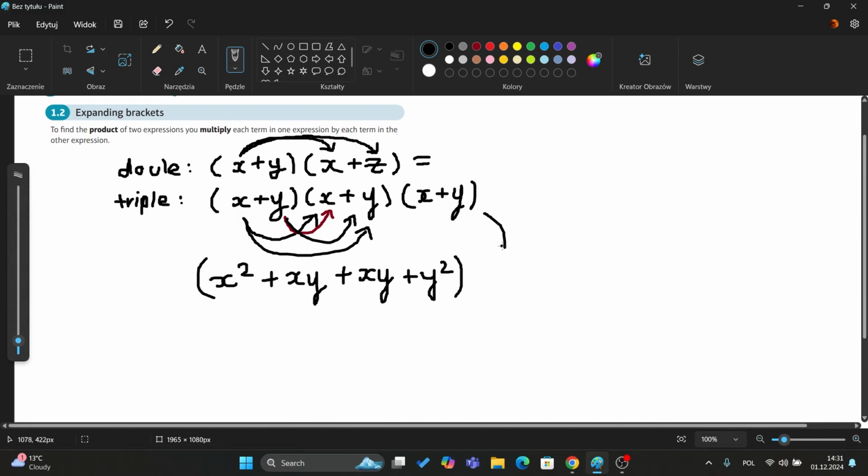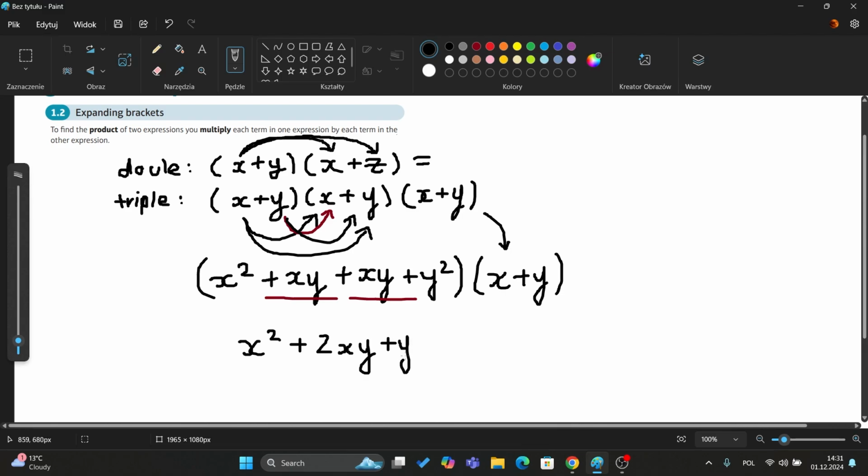And then we drop down the xy. So now we collect the like terms because we have xy and xy together, meaning that they will add up to get 2xy. And we can drop down our x plus y.